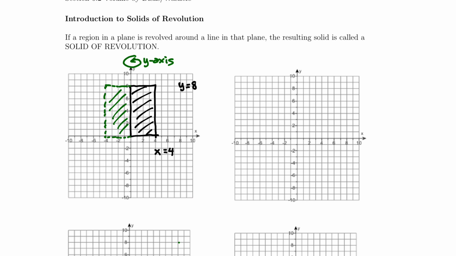I'm going to write this down. If I'm going around the y-axis, it becomes what is called the axis of rotation. The solid created takes this shape and revolves it 360 degrees around.